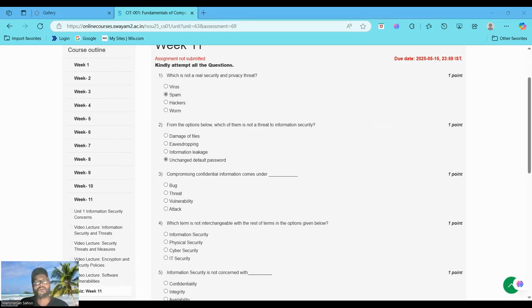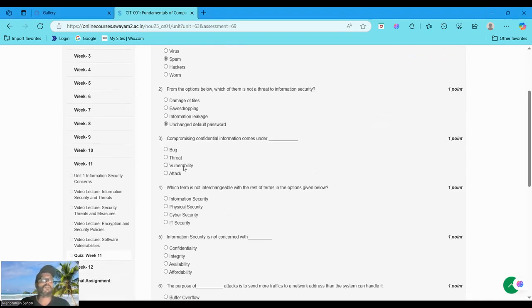Information leakage is a threat, the unauthorized disclosure of data. The last one, unchanged default password, is not a threat itself, but a vulnerability that can lead to a threat if exploited.